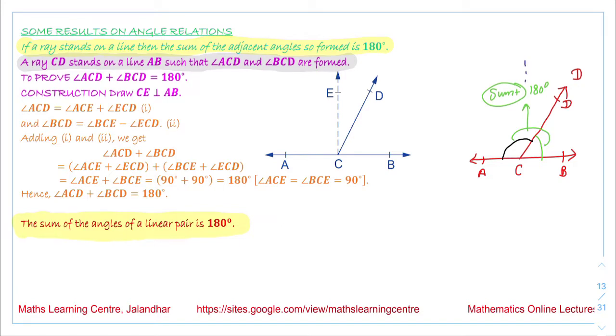So we draw a perpendicular at this point C, and we have drawn a perpendicular CE on AB.